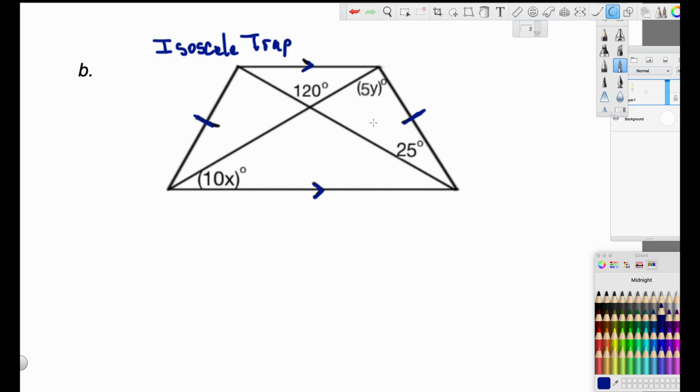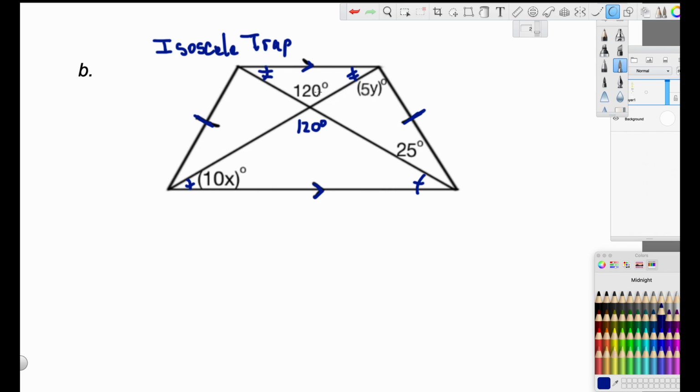So we know some angles here. If this is 120, the diagonals here make vertical angles. So we have two isosceles triangles here, and these angles would be congruent. These angles here would be congruent.